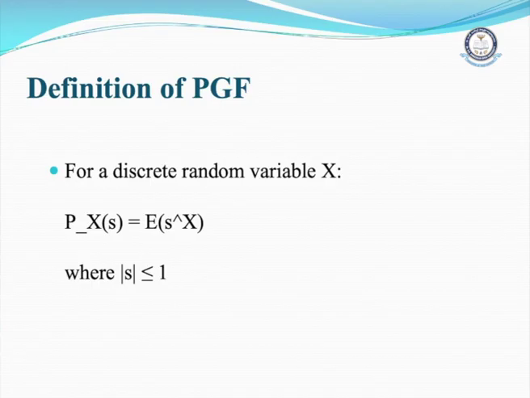In the same way, according to our probability generating function, we represent it with the probability mass function: expected value of s power x equals the summation of s power x into p of x. So this is the expansion of the probability generating function in terms of the probability mass function.